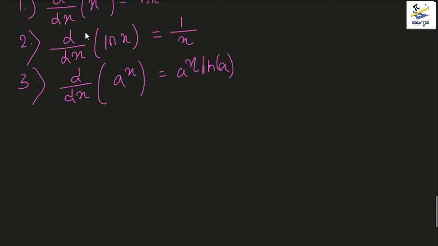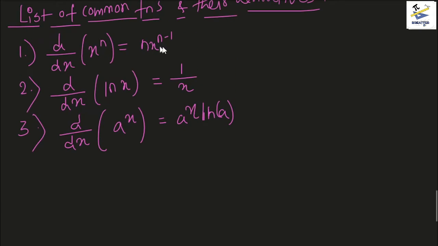So these are the three functions. Firstly, d dx of x to the power n is n into x to the power n minus 1.